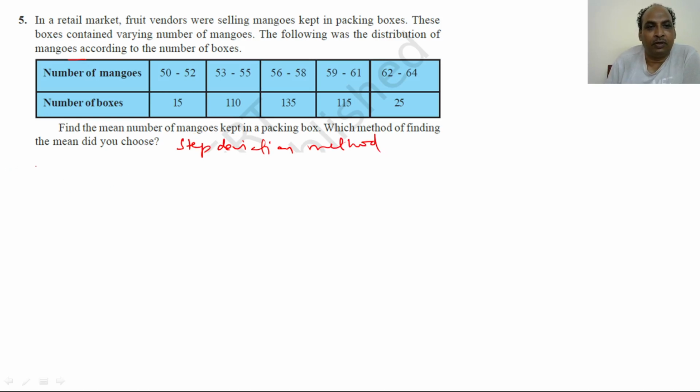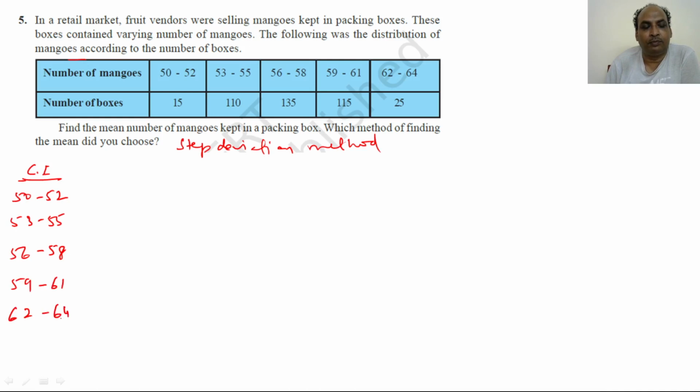So first of all, the class intervals given to us are 50 to 52, 53 to 55, 56 to 58, 59 to 61, 62 to 64.